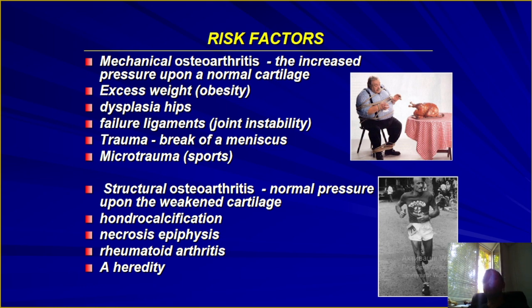In most cases it is monoarthritis, because it is rare when the patient has, for example, a fracture of both knees or luxation of both hips at once. So it is secondary osteoarthritis, and so on.